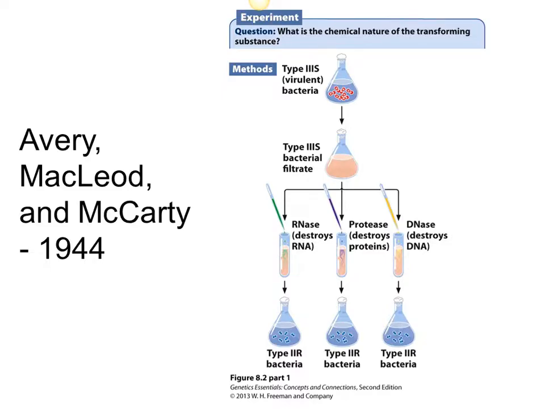What they did was they didn't use any live mice, but they used the same type of bacteria. They used type S bacteria. They boiled it, then they broke the cells open, and they removed all the lipids and membrane pieces.